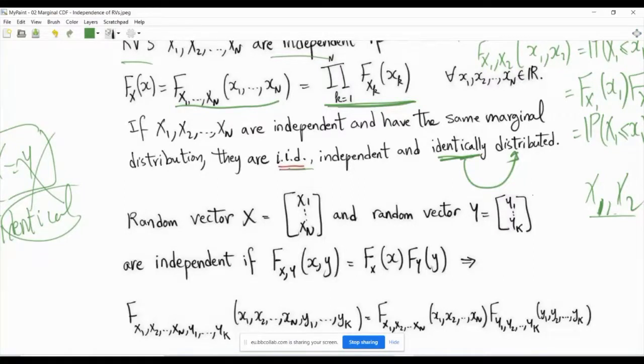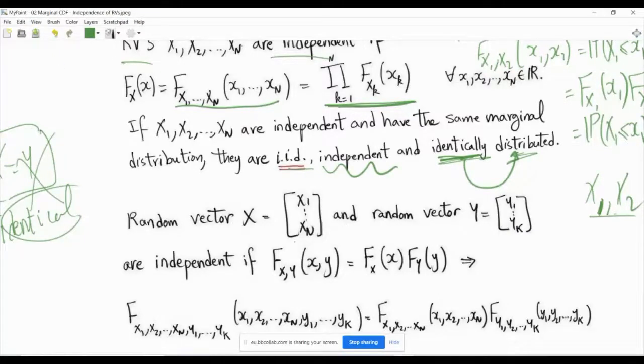Typically, we will have identically distributed random variables that are also independent, meaning that observing or measuring one of them will reveal nothing about the other. They are not identical.